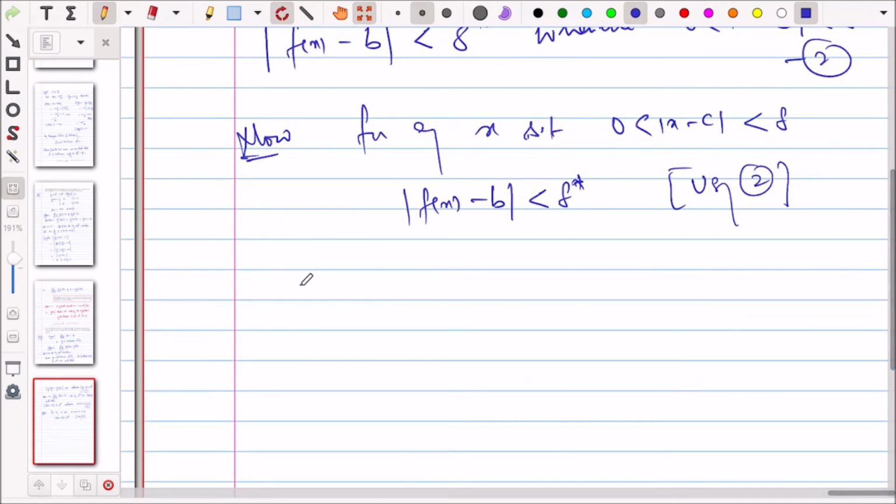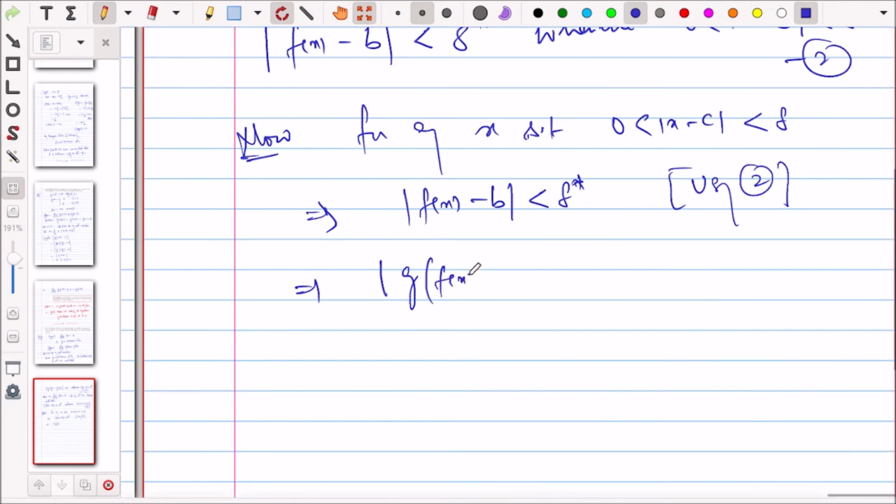So this implies |g(f(x)) minus g(b)| is less than epsilon using 1.